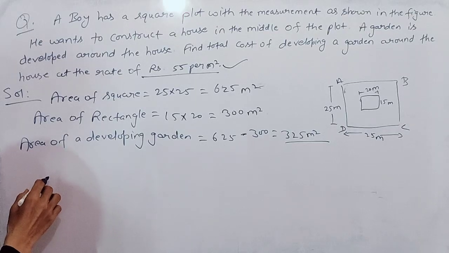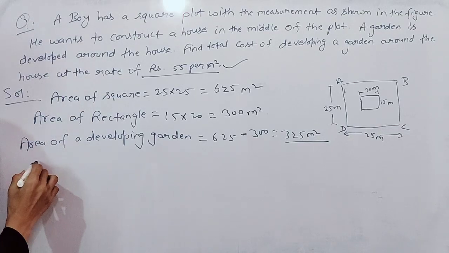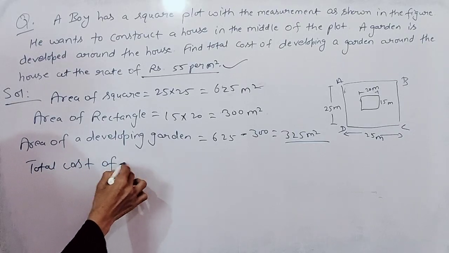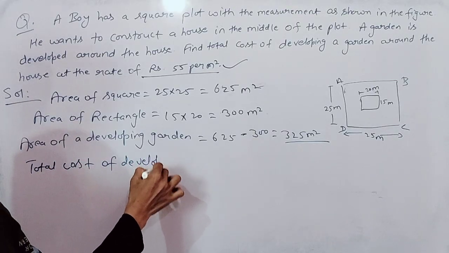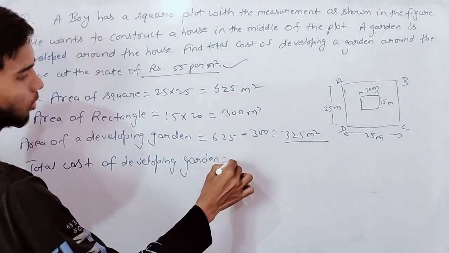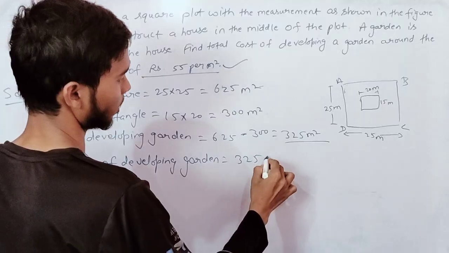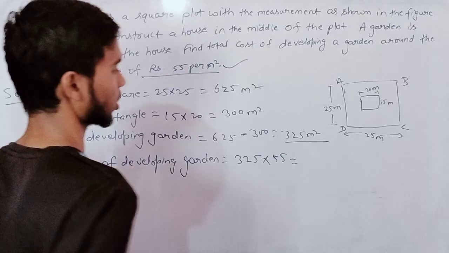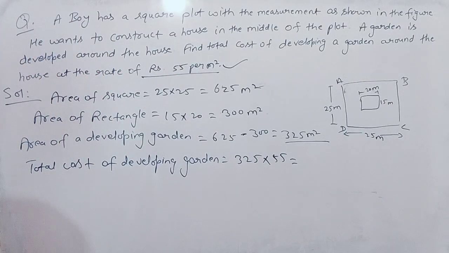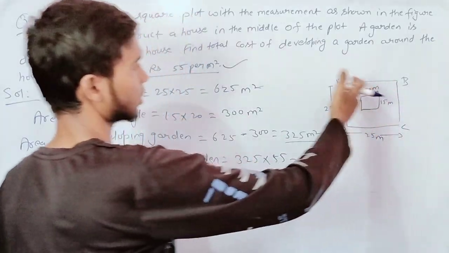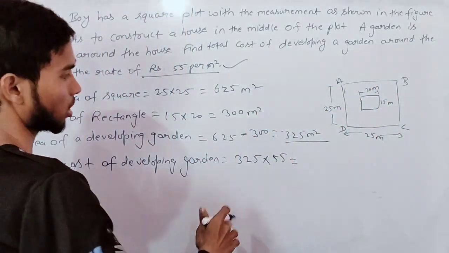So the total cost of developing the garden would be 325 multiplied by 55. From this we will find the total price of developing this garden around the house.